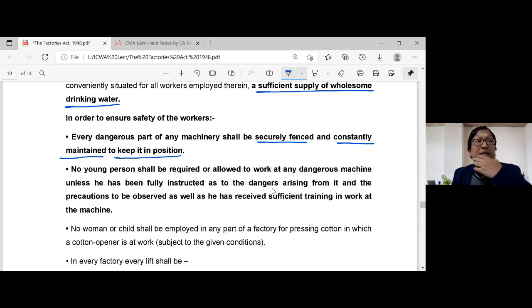I told you, if you are working in a factory and suddenly some part hits your head, the worker can die or get injured. Therefore, every dangerous part of any machinery should be securely fenced and constantly maintained.